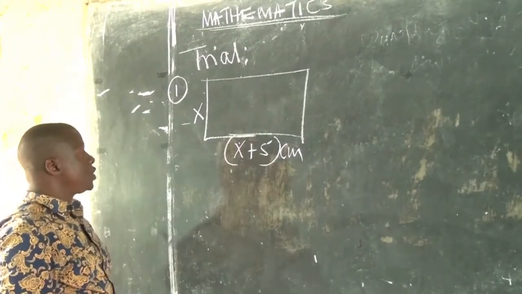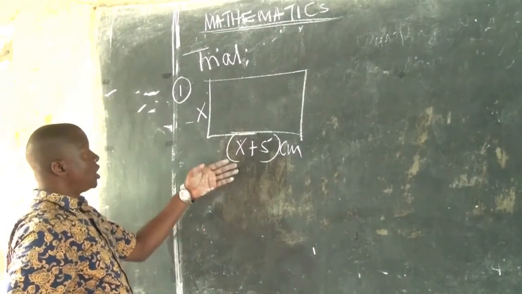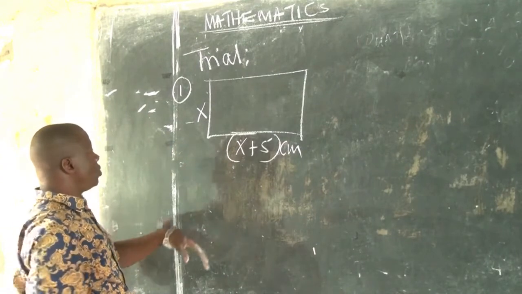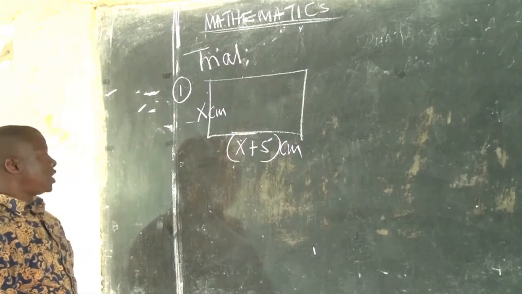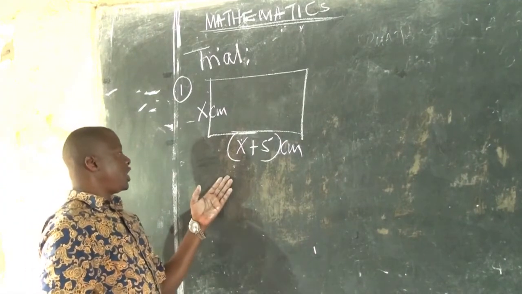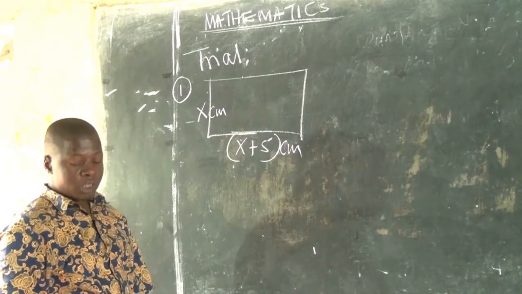The figure above shows a rectangle with a width x centimeters and length x plus 5 centimeters.